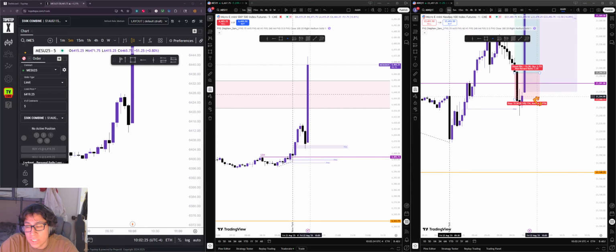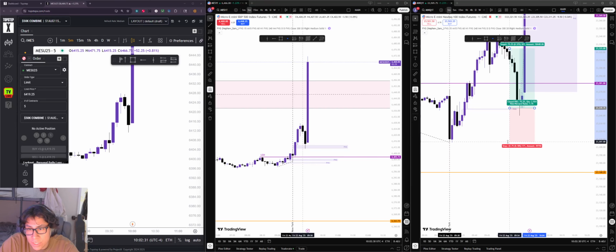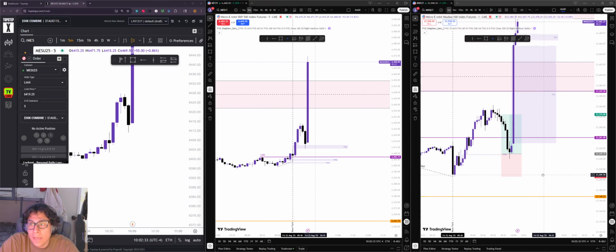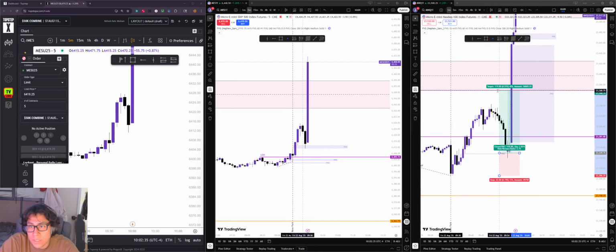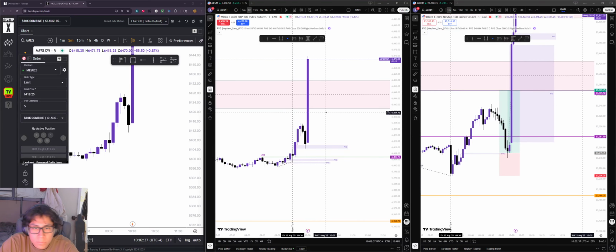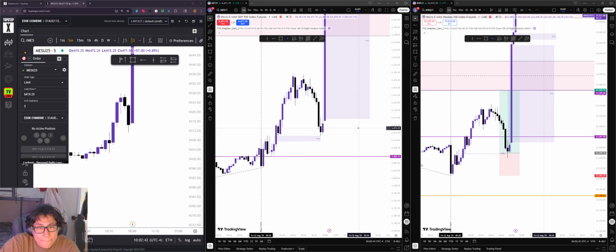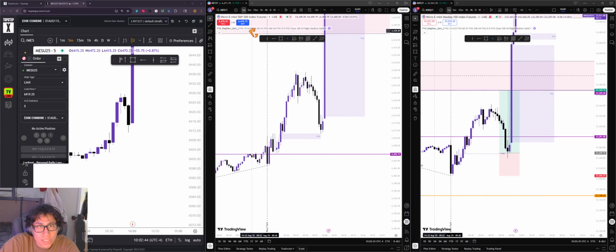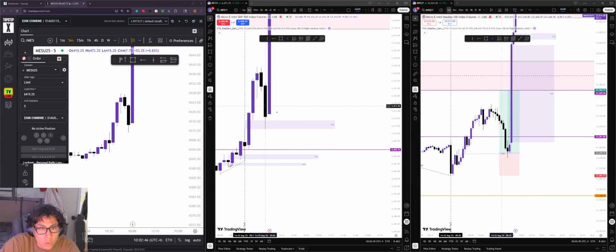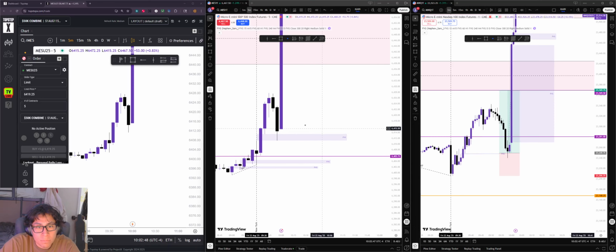But I guess I would have ideally wanted it to come down to this FVG, not go past this level, and then we would aim for this daily up here. And in MES, the setup was even better. We came back to this level, which was also in confluence with.